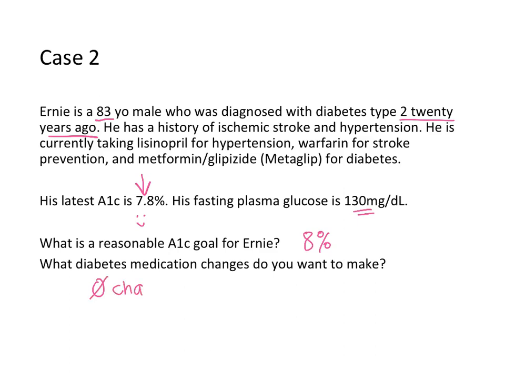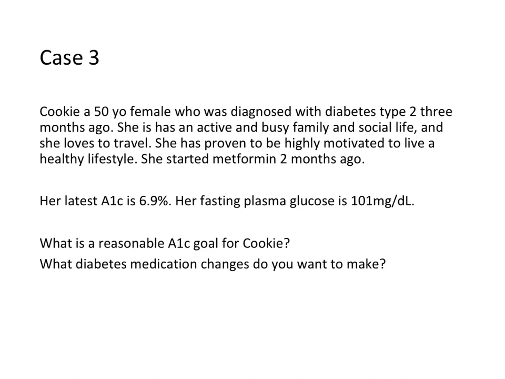There could be some controversy over using the Glitazone in an 83-year-old, just in case it caused hypoglycemia, and we would need to be aware of that. But if we don't have any other information that he is having hypoglycemic episodes, in this case, I wouldn't change anything about Ernie.